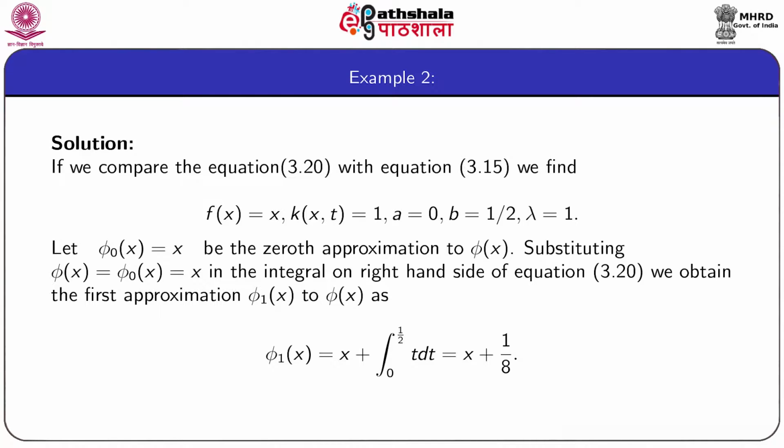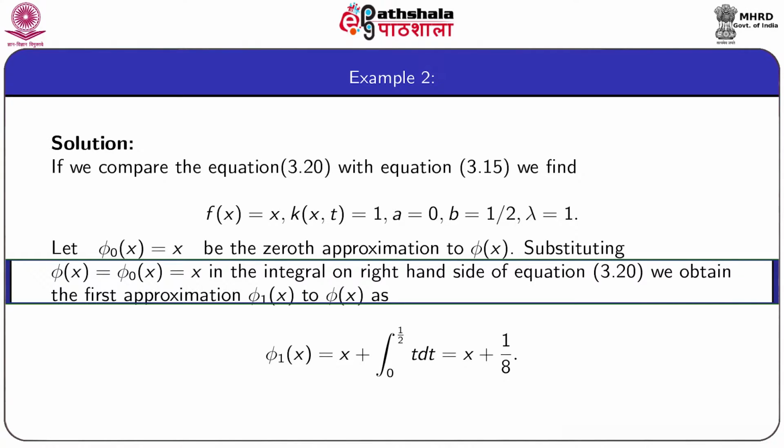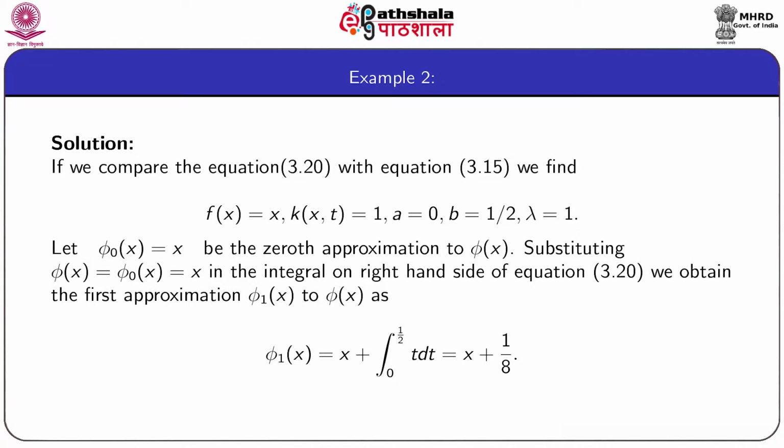Now if I substitute phi x equal to phi naught x equal to x in the integral equation 3.20, that is in place of phi t, here I substitute phi naught x, to obtain the first approximation phi 1 x to phi x as phi 1 x equal to x plus integral 0 to half t dt, and that gives x plus 1 by 8.